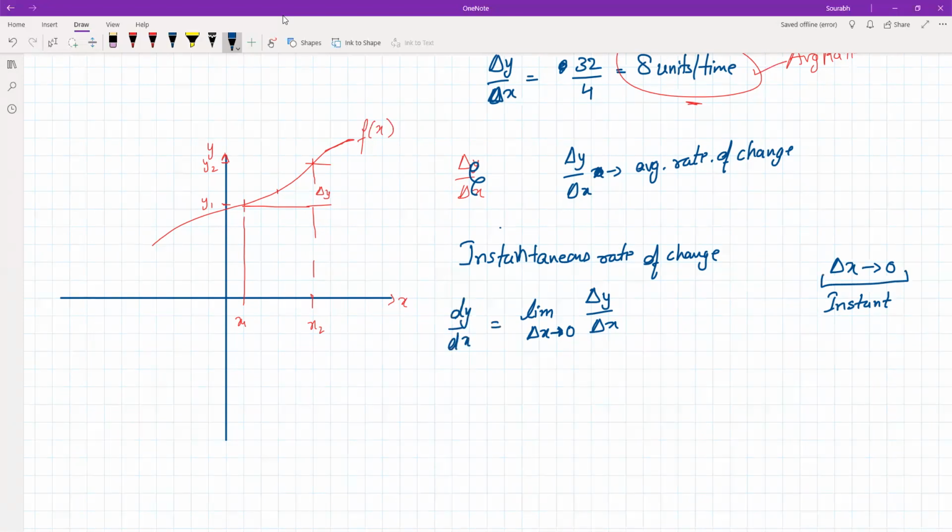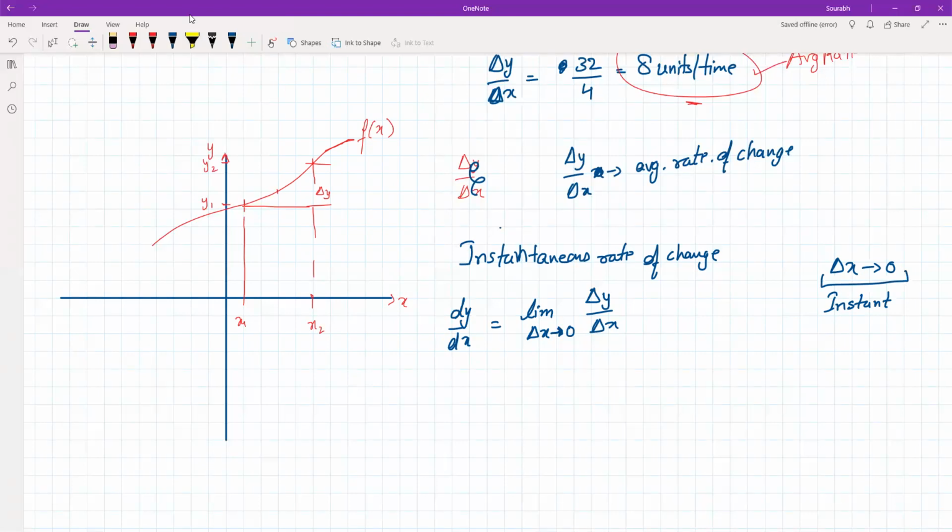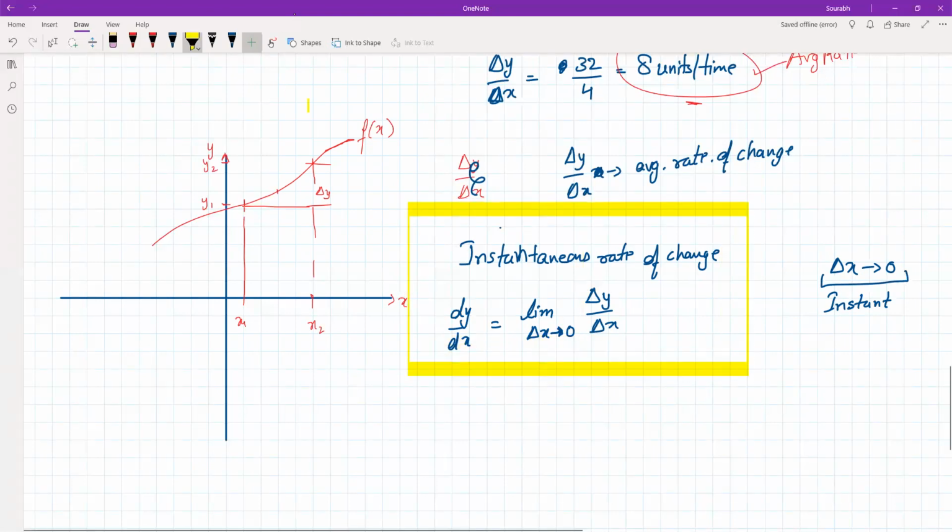That is the limit of this, correct? And this thing is called differentiation.